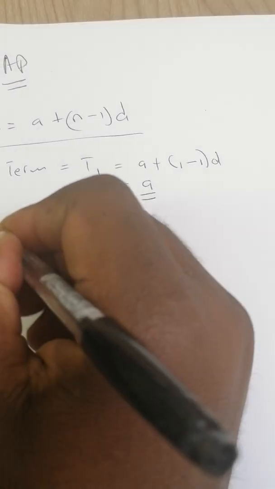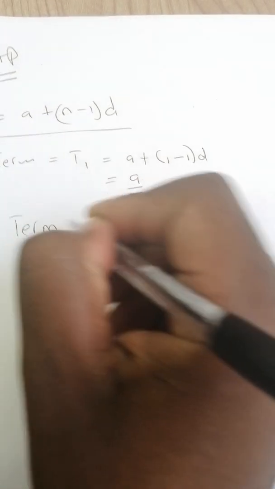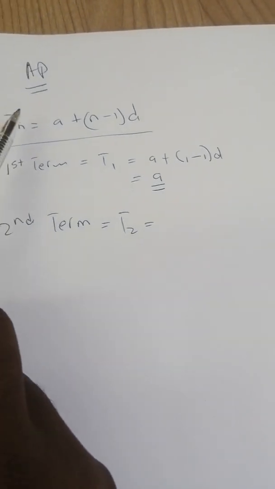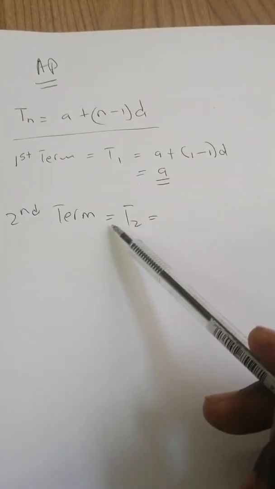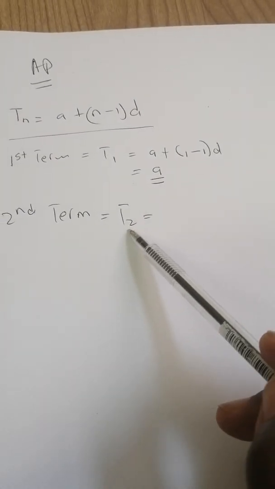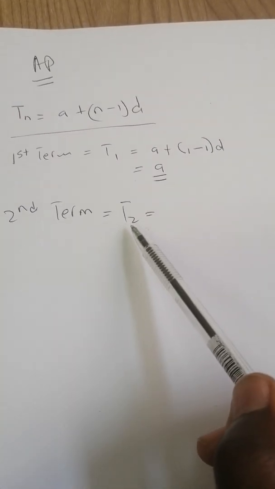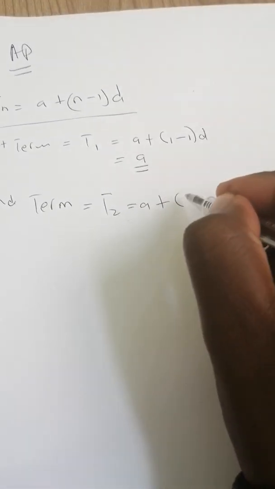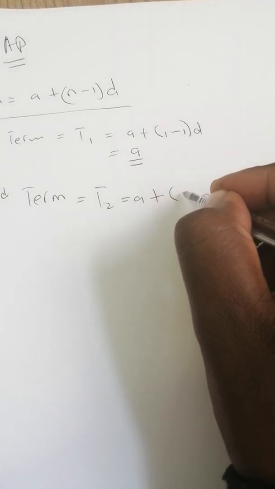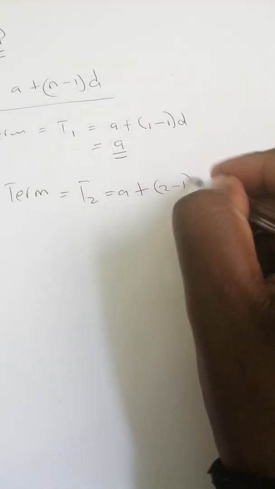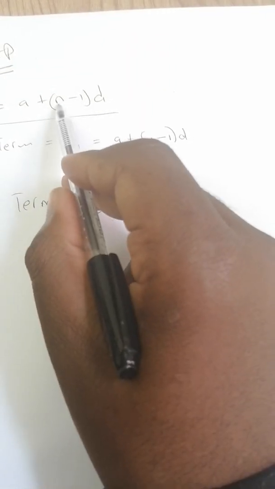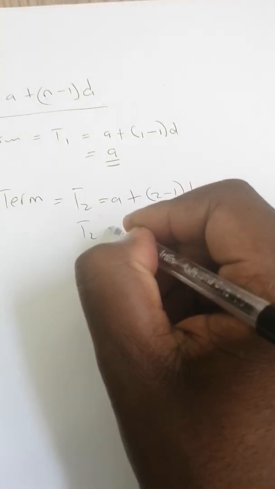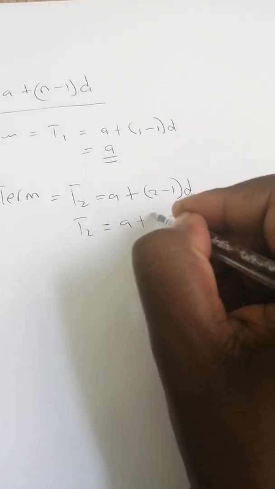So going to the second term, which is normally referred to as T2, because our formula is in terms of Tn. T2, the second term, is a, which is the first term, plus n is 2, because we are talking about the second term. So it's 2 minus 1, like on the formula, the n always minus 1 d. So T2 is equal to a plus d.